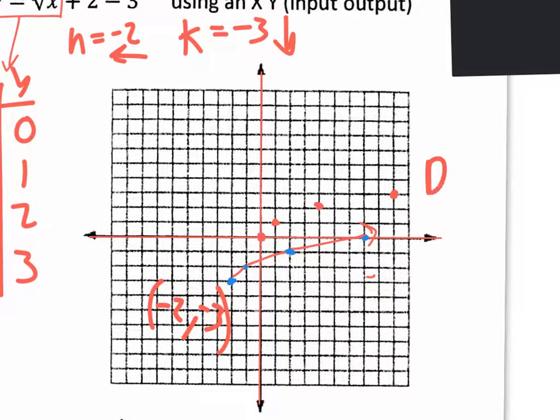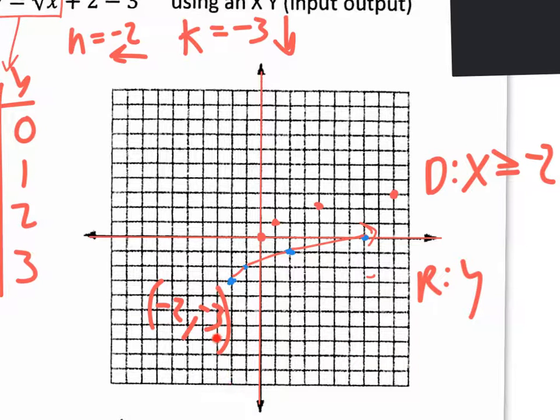So the domain would be all of your x values, but where's this graph at? Is it less than or is it greater than a certain value? It's greater than or equal to -2. That's the domain. How about the range? The range are your y values, and the y values are either going up or down. Now, we could clearly see that there are no y values down here.